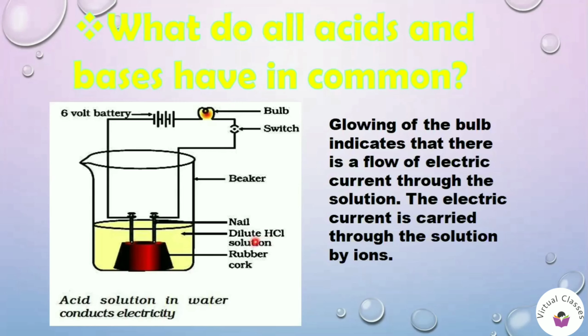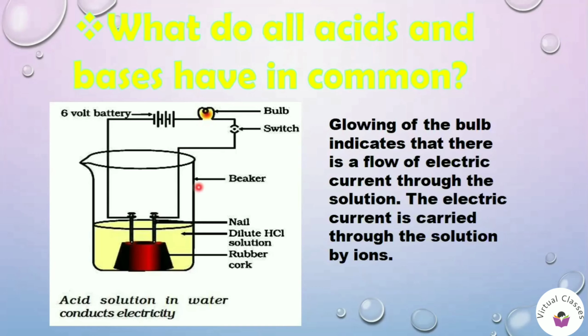For this, we have taken a dilute solution of HCl in a beaker. A cork is placed at the base of the beaker. Two iron nails have been inserted in the cork and have been further attached to a bulb and battery with the help of a wire.